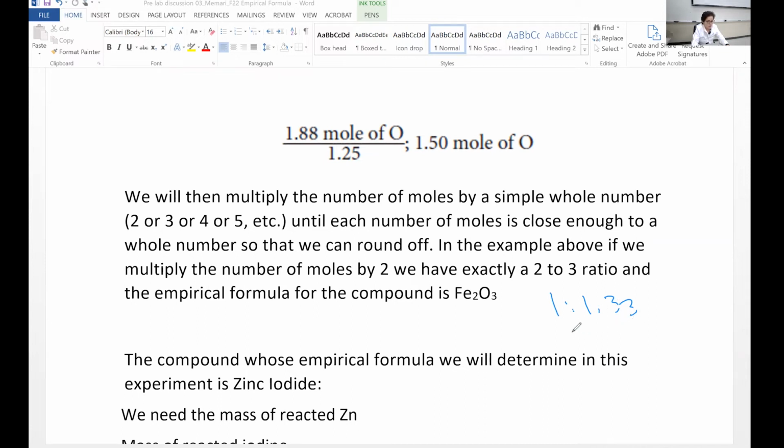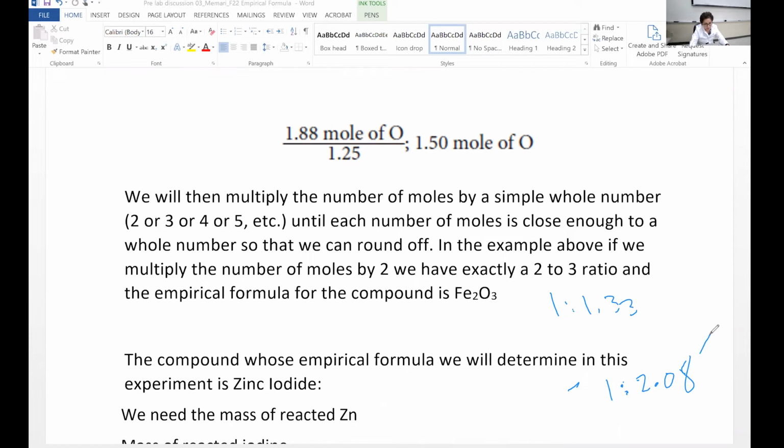And when you're dealing with experimental values, if you find a final answer like 1 and then 2.08, you don't have to multiply this by something like 70 in order to get a whole number.